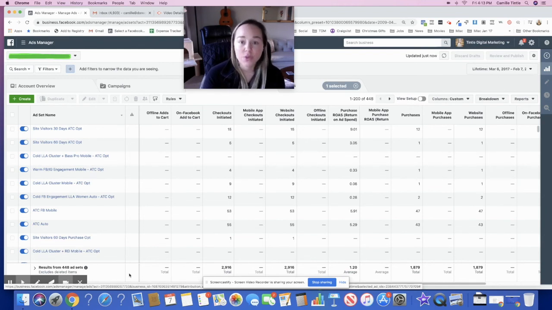The fourth one has to do with graphics. Visually eye-popping images and videos, with text overlay and without text overlay, can impact your ad campaign by up to 70%. So don't skimp on that. Make sure you have a professional photographer taking pictures of your product with or without models.